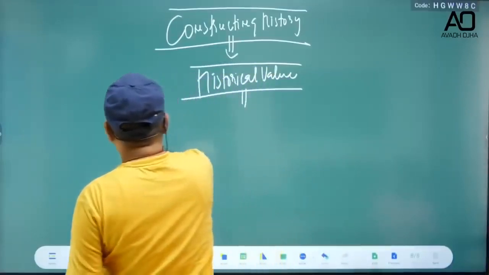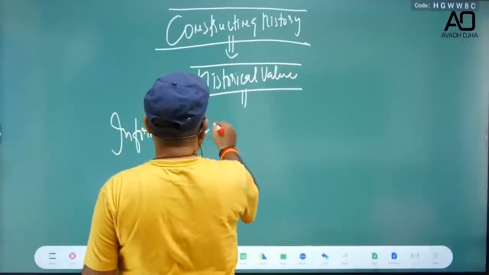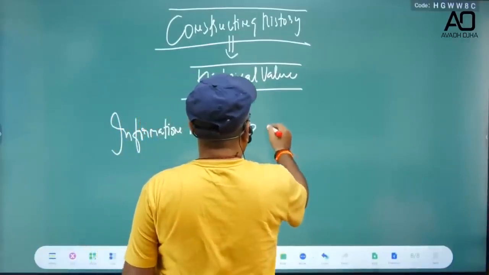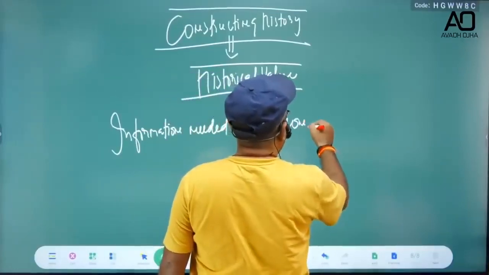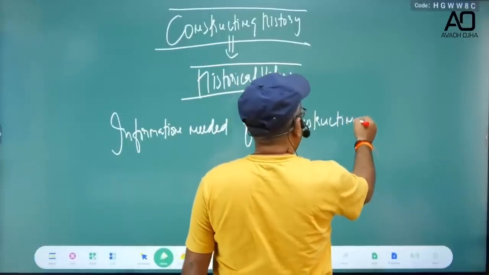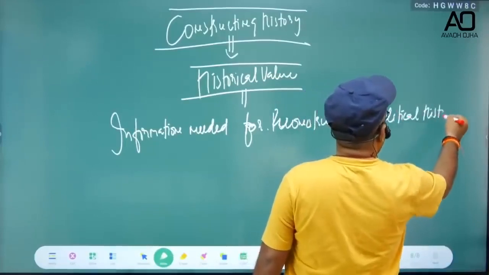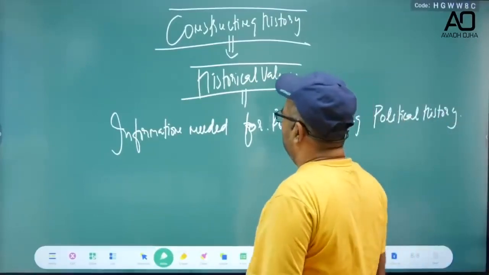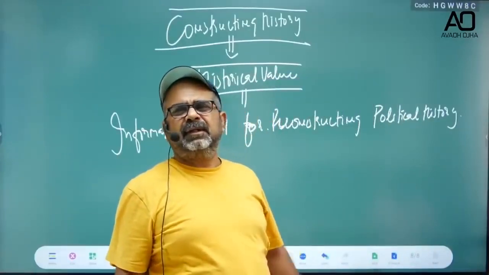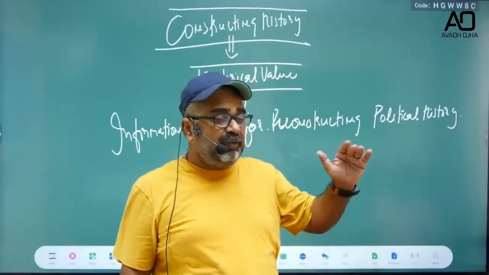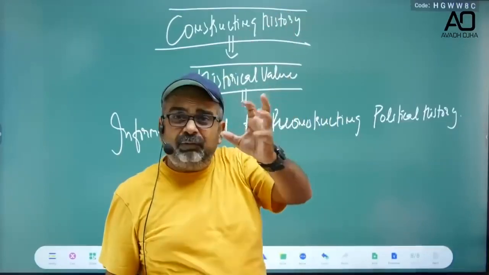Information needed for reconstructing political history. That is historical value. Now the objective of Puranas was different. Epics was different. Historical value is low.